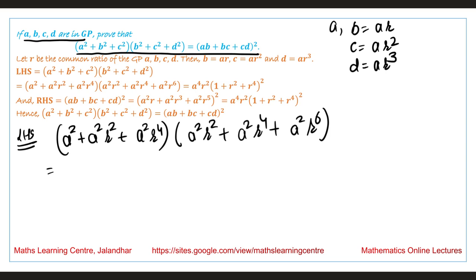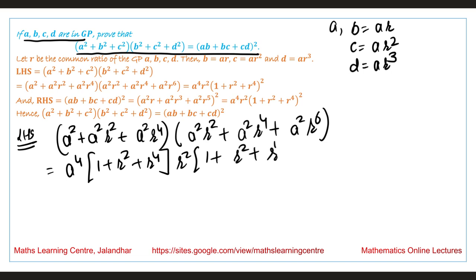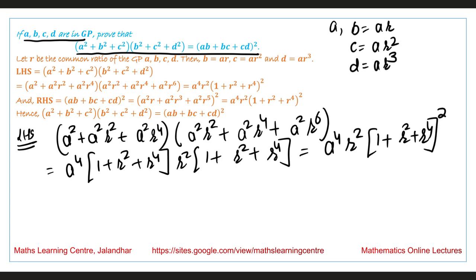If we take A square common from the first factor, it is 1 plus R square plus R raised to the power 4. Taking A square R square common from the second, we are left with 1 plus R square plus R raised to the power 4. So we are getting A raised to the power 4 R square into 1 plus R square plus R raised to the power 4 whole square.